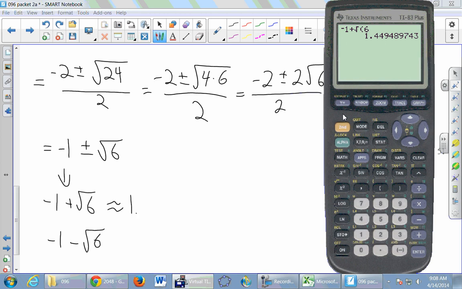It's approximately 1.45. And then we type in the other one. For me, I like to use second entry on this calculator so I don't have to retype the whole thing. All you're doing is changing a plus sign to a minus sign. So here we get -3.45.